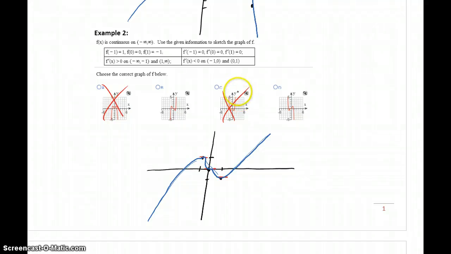C has everything curving up on both sides, A has everything curving down. So we're down to B and C. In this case, B is the one that has that same behavior where our function increases, decreases, and changes to increasing again, leaving us with B as the correct graph given these different parameters.